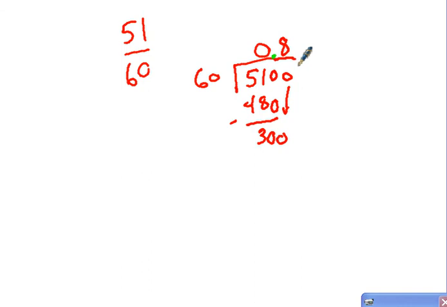And I get 300. How many times does 60 go into 300? So I know 6 times 5 is 30, so I'm going to try 5. So I put a 5 here. And 5 times 0 is 0. 5 times 6 is 30, so we get 300. And we get 0.85. So that's turning fractions into a decimal.